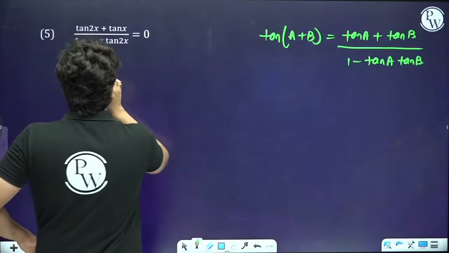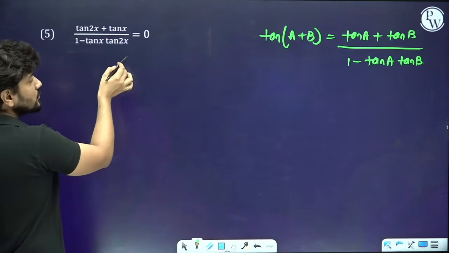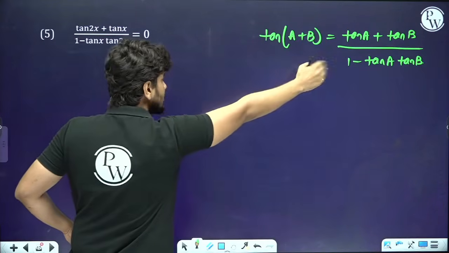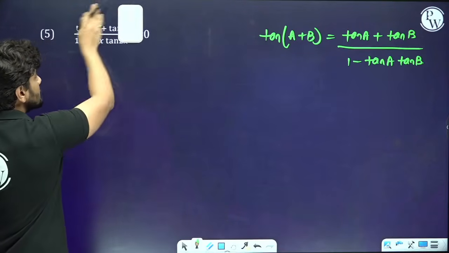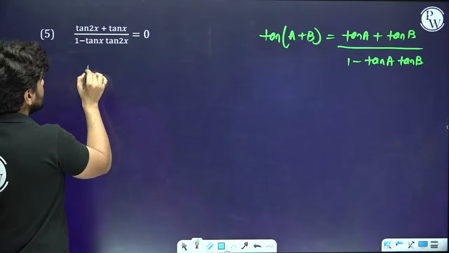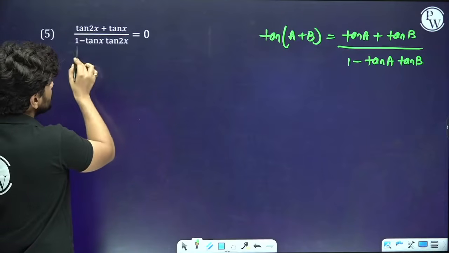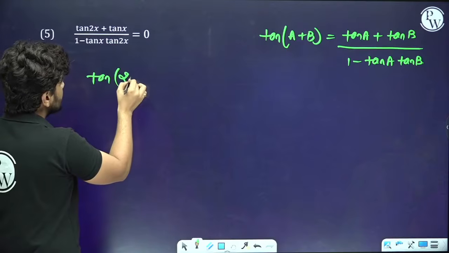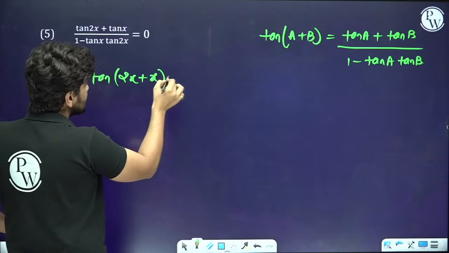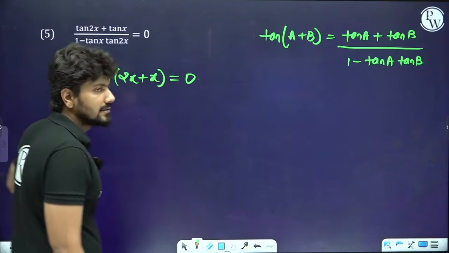So tan 2x plus tan x upon 1 minus tan x into tan 2x. It looks like this, right? Here a is this angle 2x, b is this angle x. So here we can apply this formula that tan a plus tan b upon 1 minus tan a tan b will be tan of a plus b. That will be tan of 2x plus x, right?